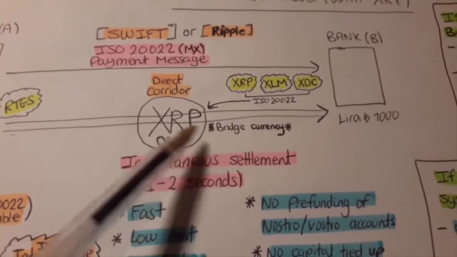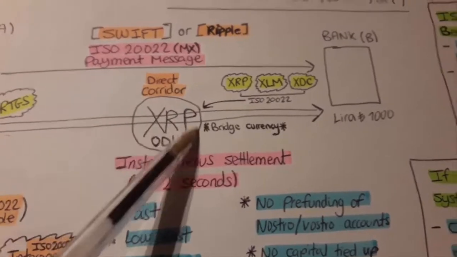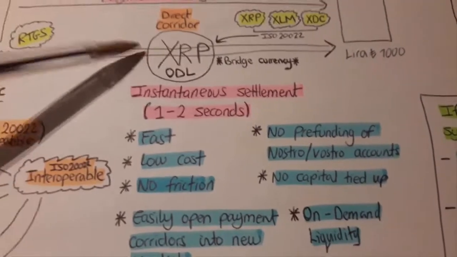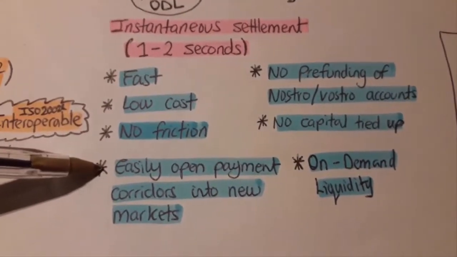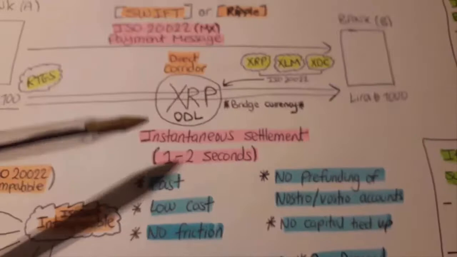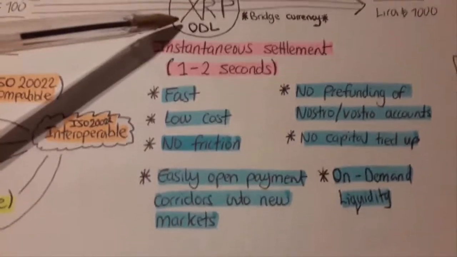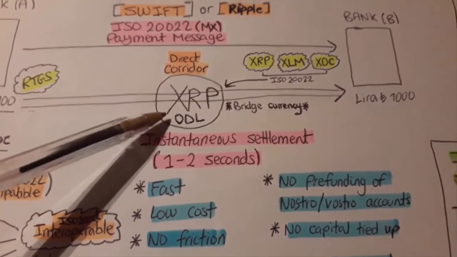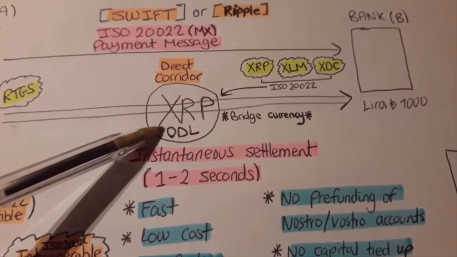£100 is sent, and XRP converts that over to lira, and it does it on demand, and it has on-demand liquidity. So it's easy to open payment corridors into new markets. And what this does, using the XRP RTGS system, is that you can have corridors into different markets, what they call exotic corridors.